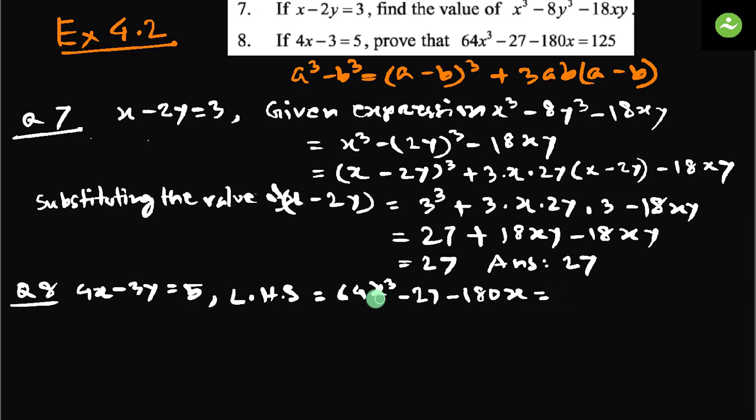can we change it to the form a cube minus b cube? Yes, we can. How? 64x cube means 4x whole cube minus 27 means 3 cube minus 180x.